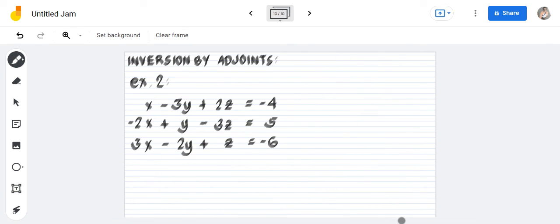Okay, so let's solve another example, number 2. Again, this is a system of 3 equations with 3 unknowns.